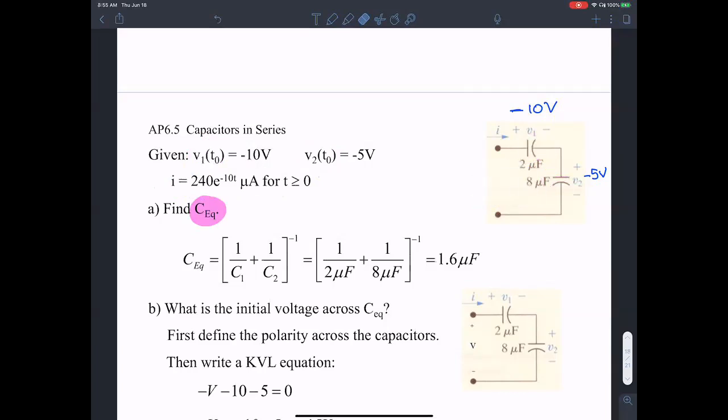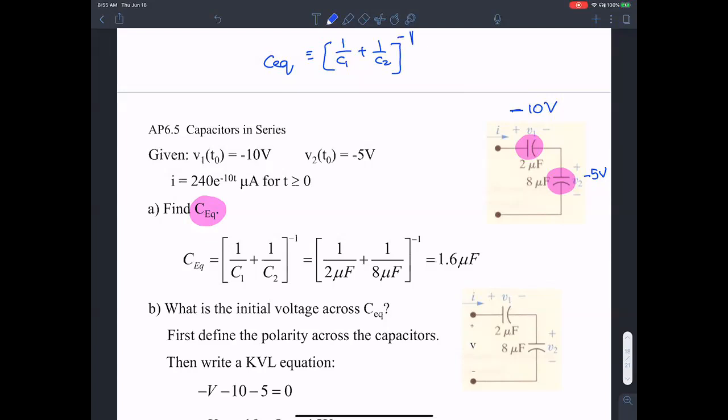In order to find the equivalent capacitance in series, all you have to do is 1 over C1 plus 1 over C2 will give you 1 over C equivalent. If you wanted to calculate just the C equivalent, you do this.